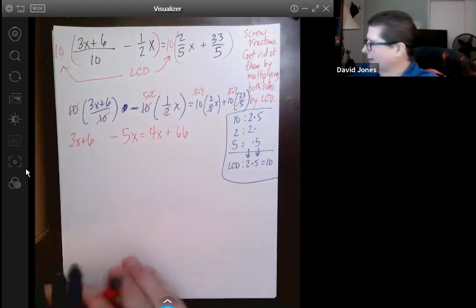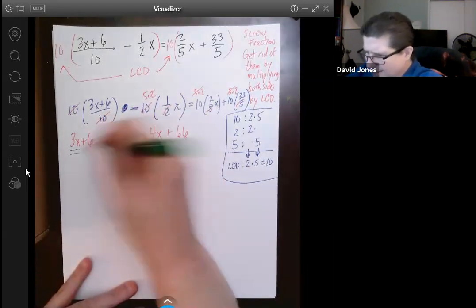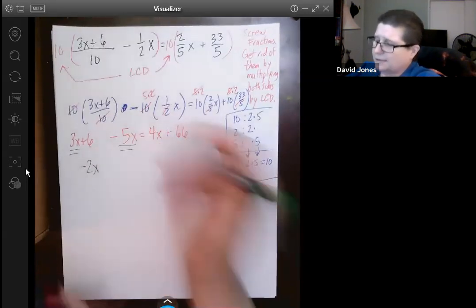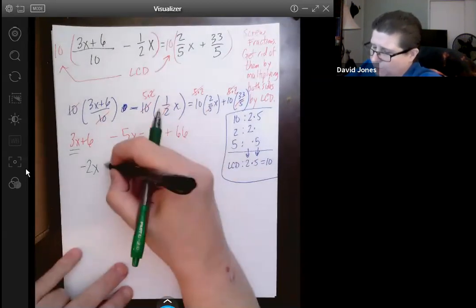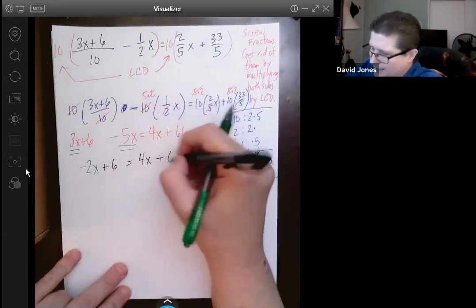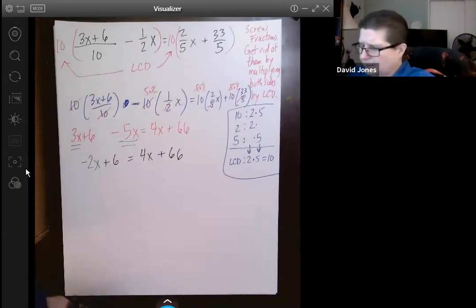Now we'll combine like terms. I've got a 3x and a negative 5x. That's going to give me negative 2x. And I still have plus 6 on the left. The right side, nothing combines. Now I've got variables on both sides.